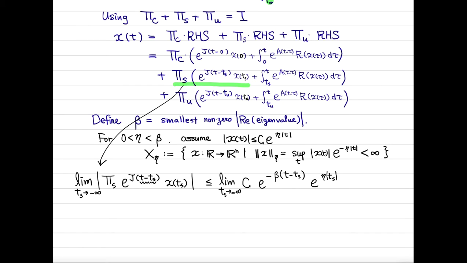And when Ts is going to negative infinity, the absolute value in the e to the eta Ts can be changed into minus, and therefore if you look at this Ts part, you can see that it is exponentially decaying as Ts goes to minus infinity.